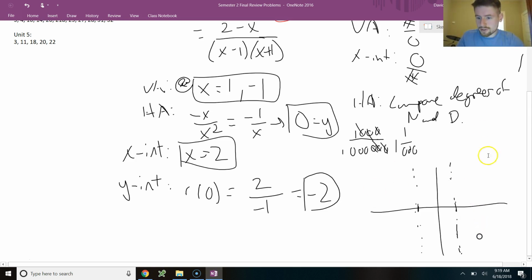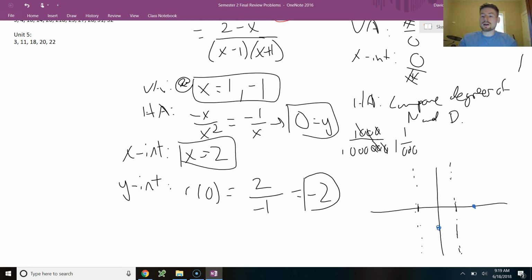This isn't letting me draw for some weird reason. So there's our x-int. We have a y-intercept at negative 2, so down there.